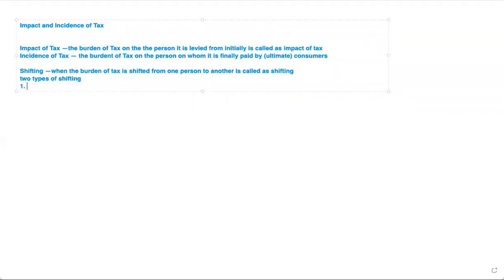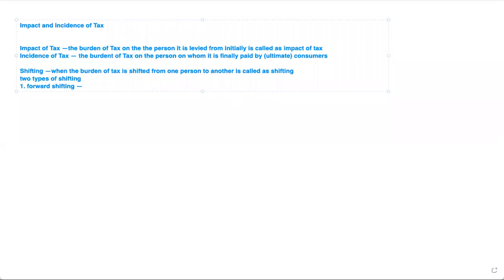One is forward shifting, right? What is forward shifting? Any idea? Class, give it a try.